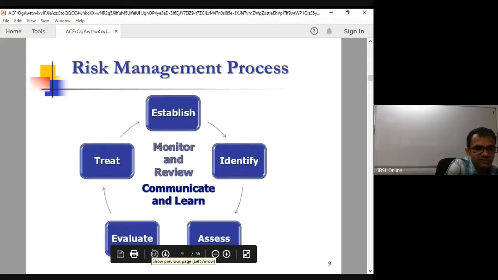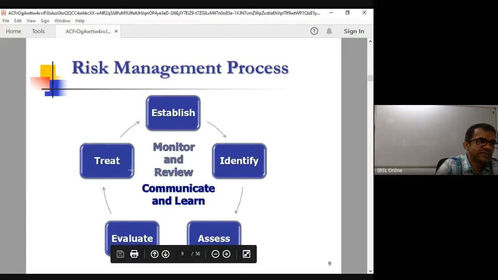What would be the impact on our business? Sorry, what would be the impact on our objective? Whether we can tolerate that. That evaluation has to be done at this stage.